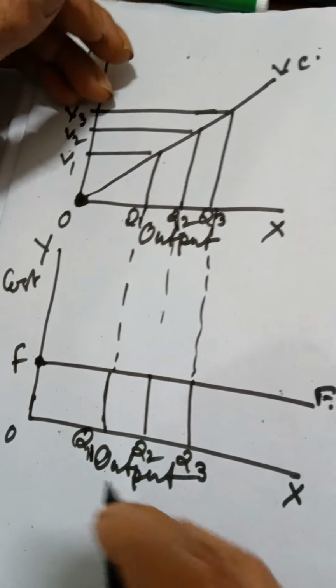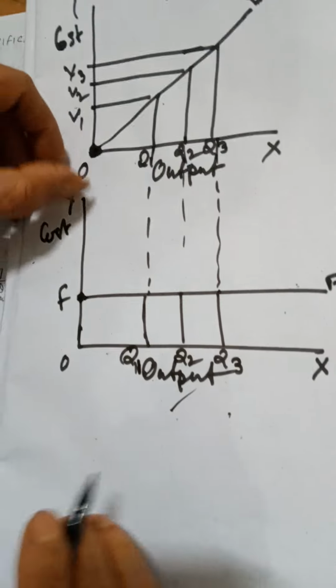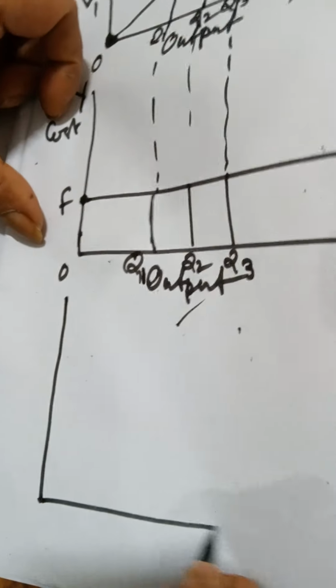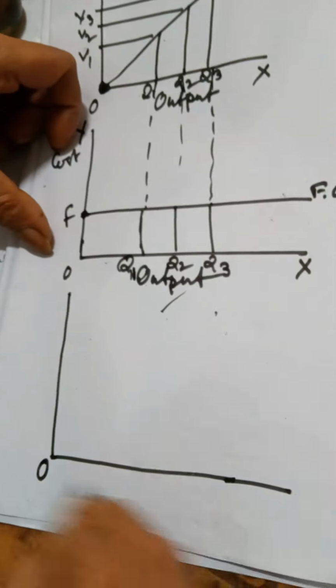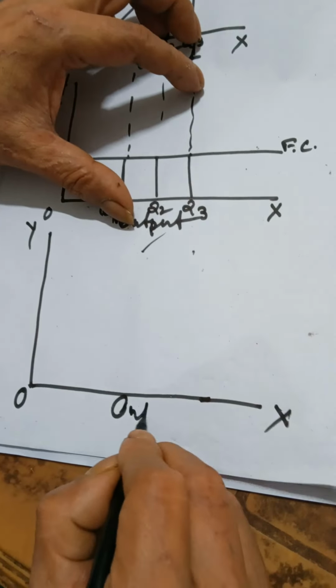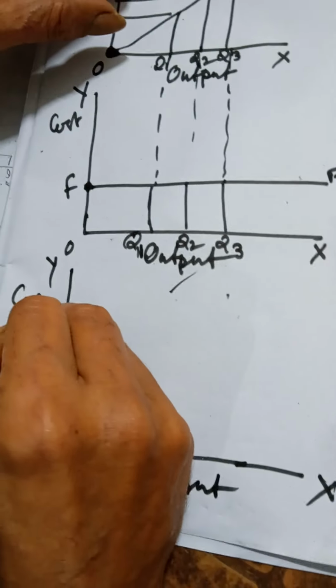Now if we add fixed cost and variable cost, we will get total cost curve. In this diagram I am drawing the total cost curve. On x-axis we measure output and on y-axis we measure cost.